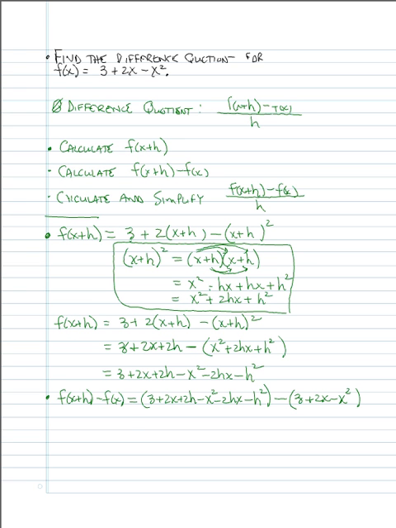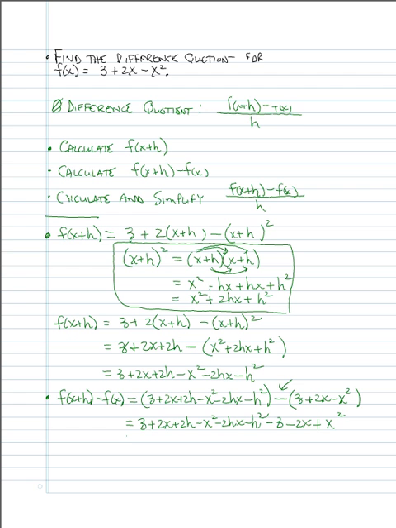So we do a little algebra here to simplify. Those first parentheses, I put in to emphasize that all was f(x + h). So I'm simply removing those parentheses, and then I'm distributing this negative sign. So I'll have a minus 3, a minus 2x, and a plus x².